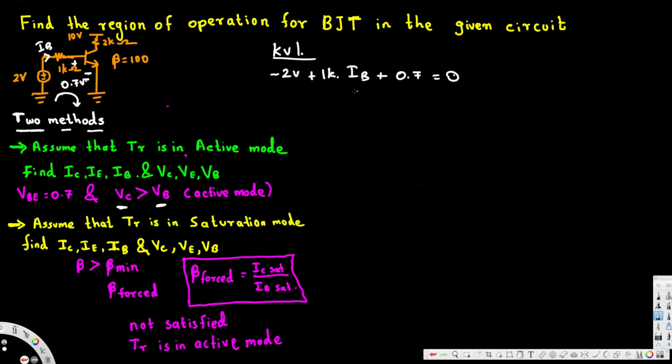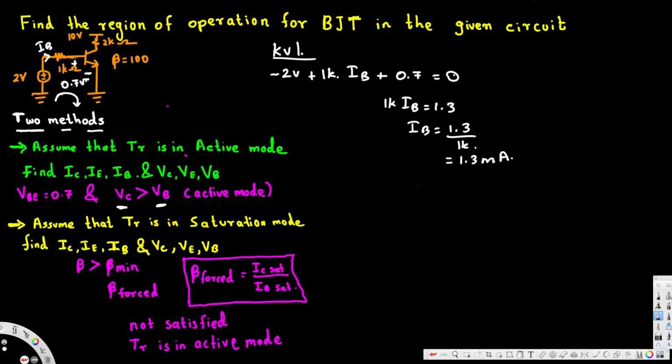Now let's solve this. Here you can see this is going to give us negative 1.3. If we move it to the other side, that's positive 1.3. So 1k times IB is equal to 1.3, and then IB is 1.3 divided by 1k, which gives us 1.3 milliampere. That's our IB current.